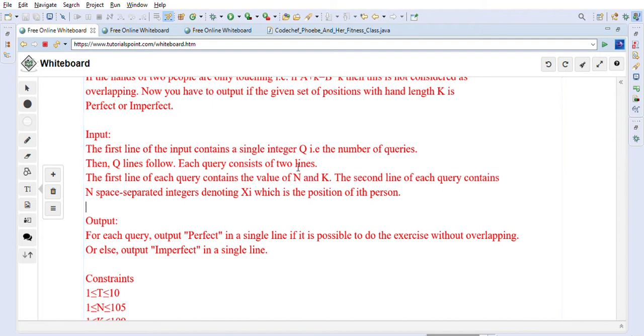So the number of people is given, and k is given, which is the length of the hand. The query then contains n space separated integers denoting the position of the ith person. For each query we have to output in a single line if it's perfect, that is without overlapping. If it's overlapping, then we have to say it's imperfect.